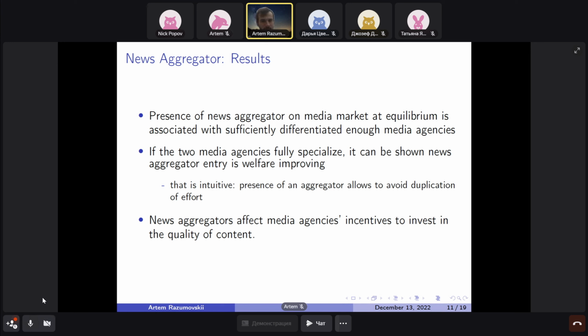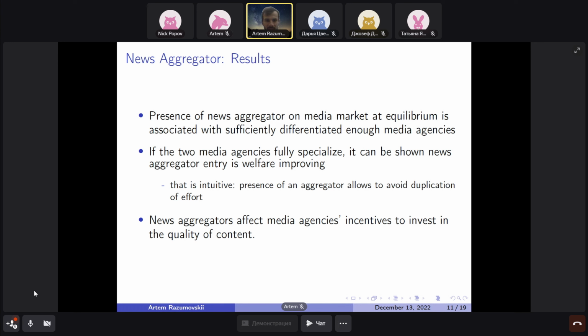I see, okay. And how is duplication of effort connected to this? Duplication of effort is connected in that if the aggregator enters the market, that means that you have differentiation of agencies, so they produce high quality news on different topics.